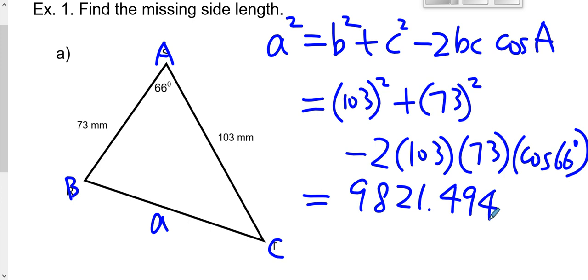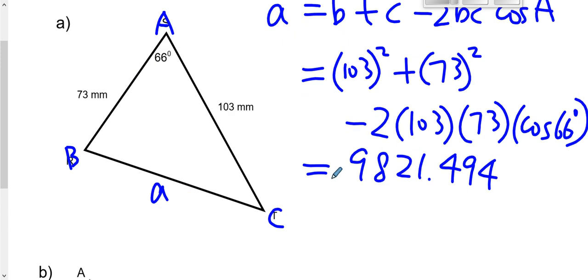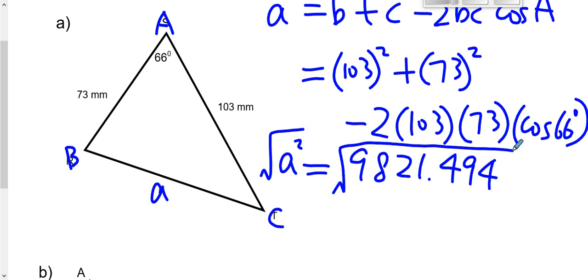I hope you will say no. Why? Because we are talking about a squared. So in order to find a, we take the square root. The square root and the square cancel out.